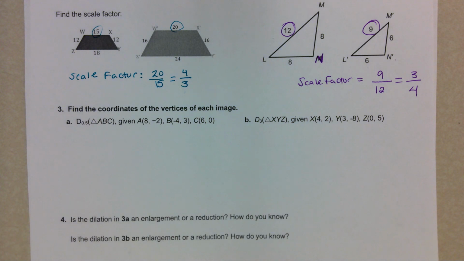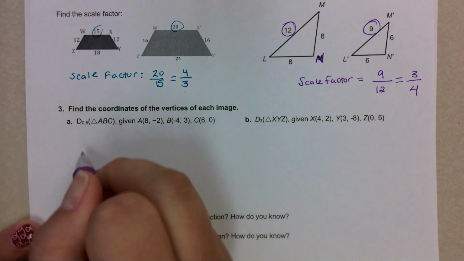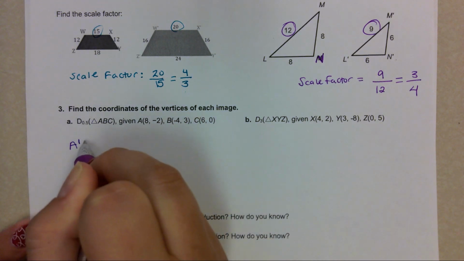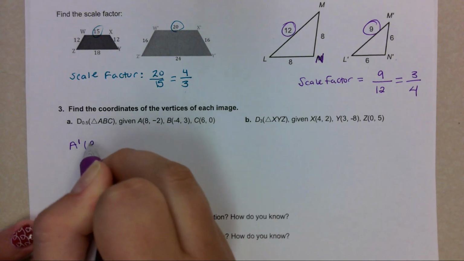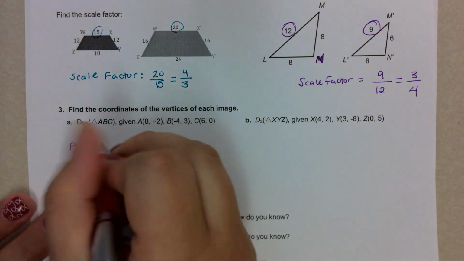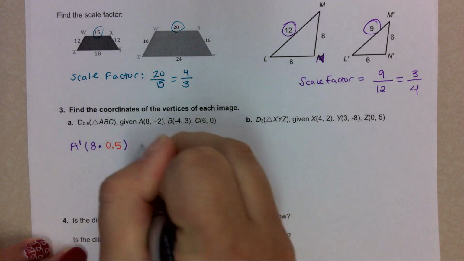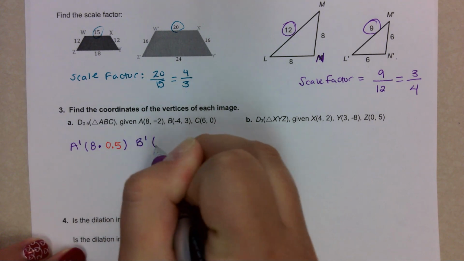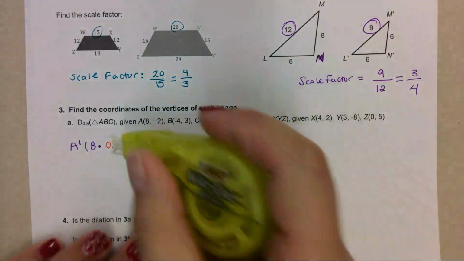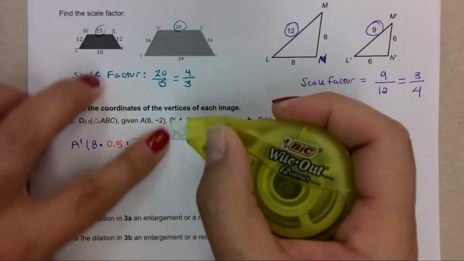So dilating by a scale factor of 0.5 means we're going to take A, and A prime is going to be my coordinates from A times a scale factor of 0.5. And so B prime is going to be, oops, I forgot the y coordinate from A, didn't I? Let's fix this real quick.